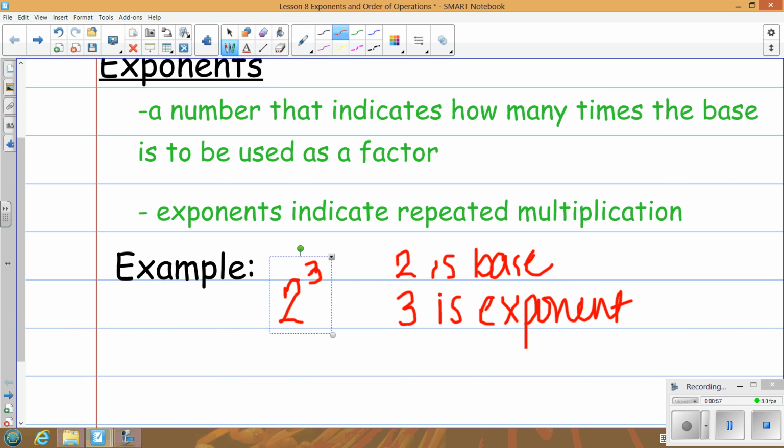So when I'm looking at this, what this really means, 2 to the third is the same thing as 2 times 2 times 2. So you're multiplying 2 by itself 3 times because the exponent is 3, which is equivalent to 8. So that's what exponents mean, how many times you multiply a number by itself.